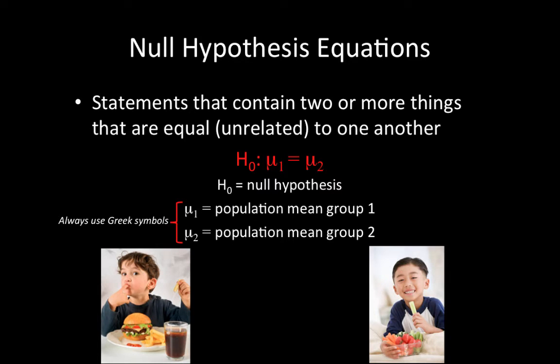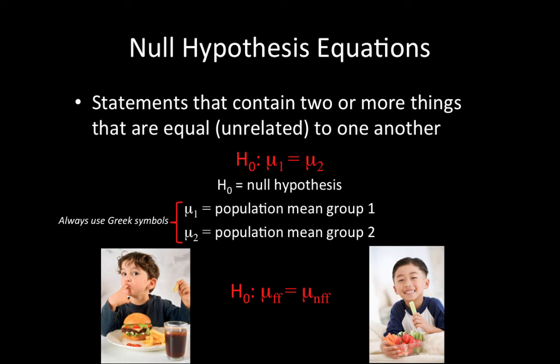When we're talking about the null hypothesis, our equation should be that the population mean for children who eat fast food regularly equals the population mean in terms of BMI for group 2, children who do not eat fast food regularly.